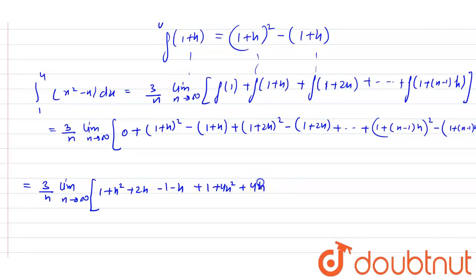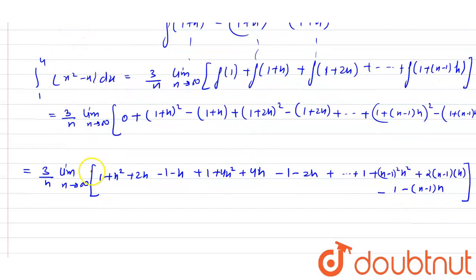Now when we open the bracket, this is minus 1 minus 2h. Similarly it goes up to 1 plus n minus 1 whole square into h square plus 2 into n minus 1 into h minus of 1 minus of n minus 1 into h when we open the brackets.